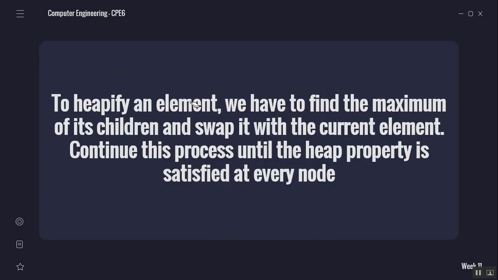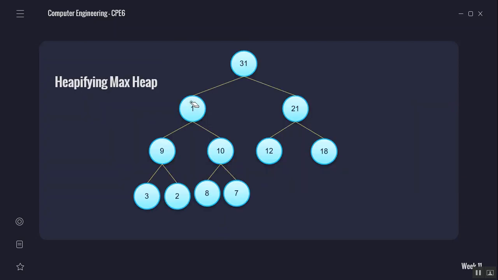To heapify an element, we have to find the maximum of its children and swap it with the current element. Continue this process until the heap property is satisfied at every node. Now if we have here 1 as the one that violates the heap property of a max heap, we need to check its children to see which one has the highest value.